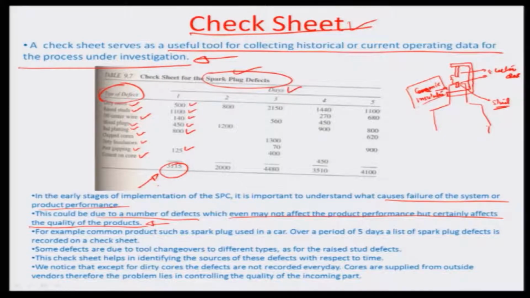So similarly you have similar kind of defects recorded in day 2, day 3, 4 and 5, and you may be seeing that on certain days there is some kind of a pattern here that the raised studs are typically there on day 1 and this most on day 1 probably, and then on day 4 to some extent, and then day 5 to some other extent. Okay.